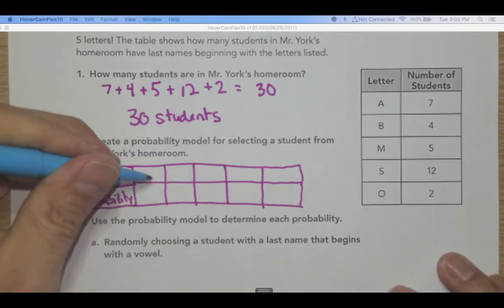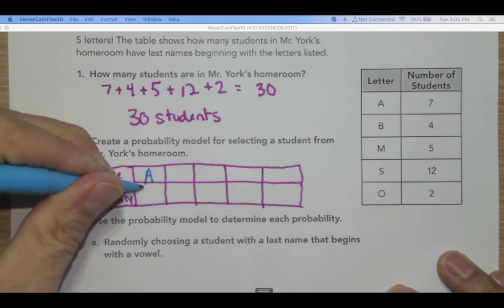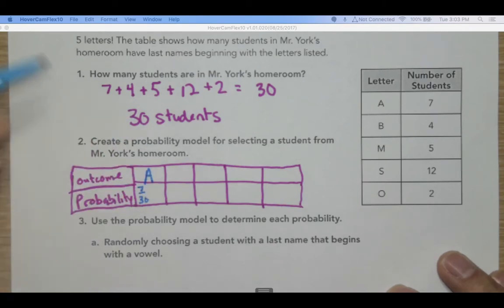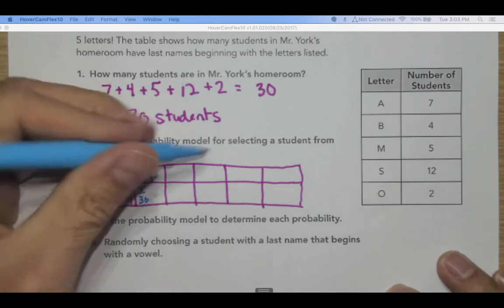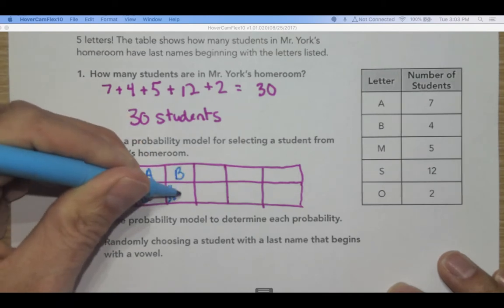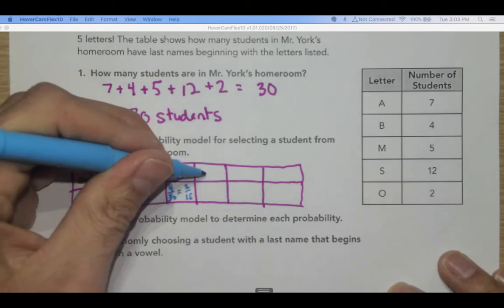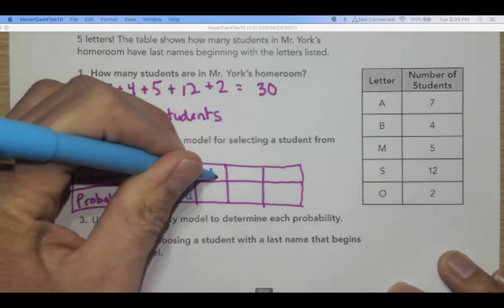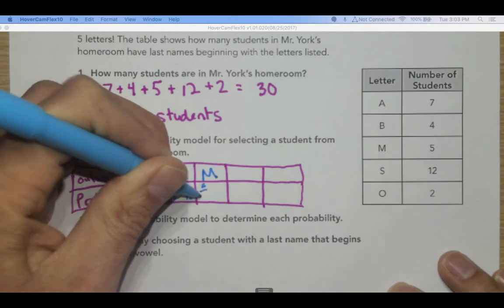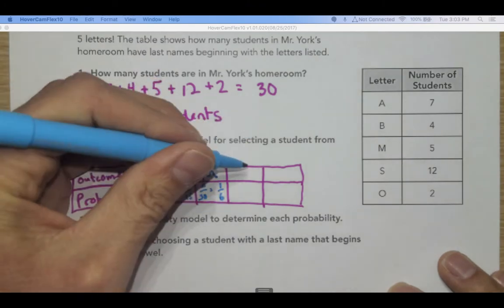So the last name could start with an A, and there are 7 of those out of 30. Or B, and there are 4 of those out of 30, which I could say is equal to 2/15. Last names that start with an M, like Molnar, is 5 out of 30, which I could reduce down to 1/6.